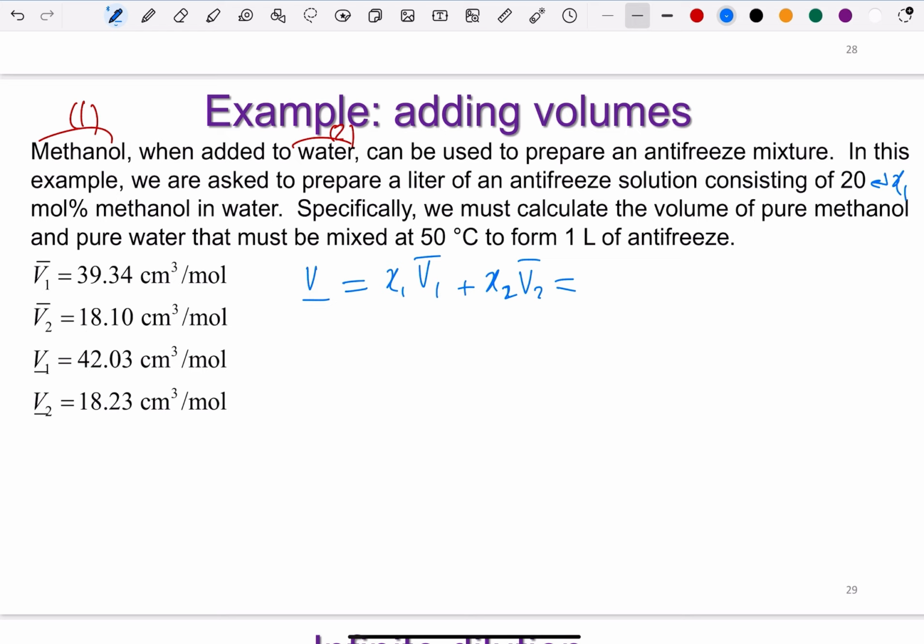So let's say I have N1 plus N2 gives me the total number of moles, N. So you are basically mixing two streams, 1 and 2.